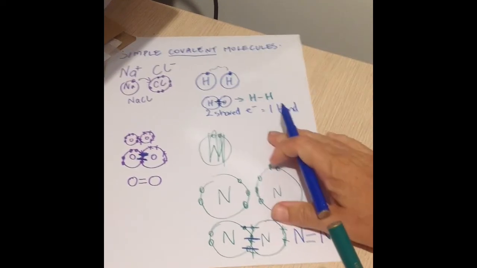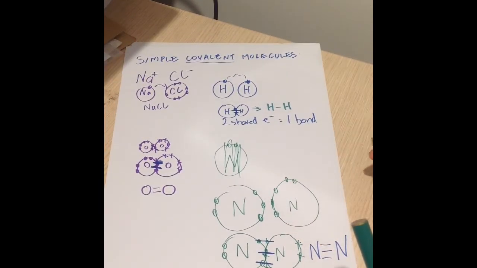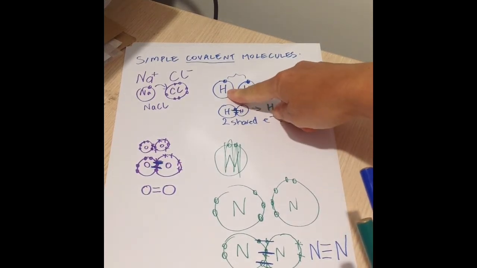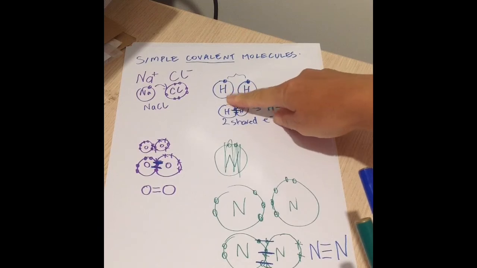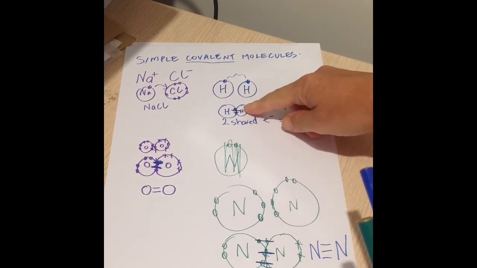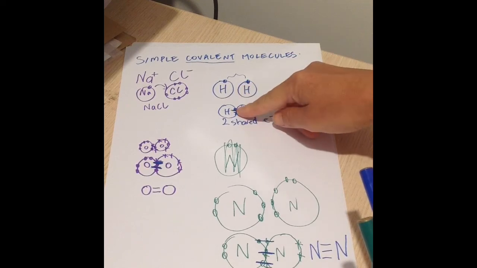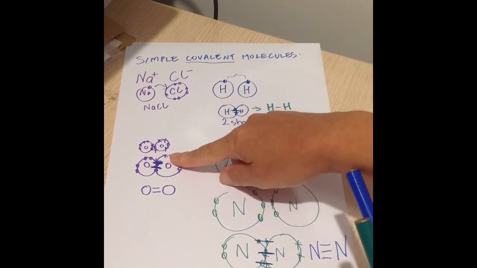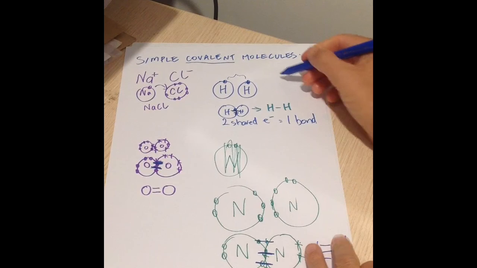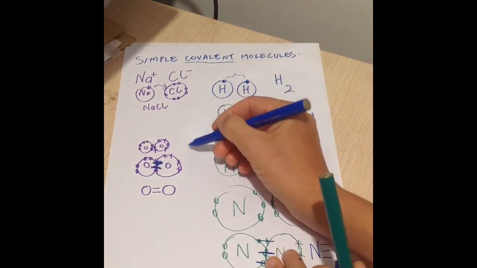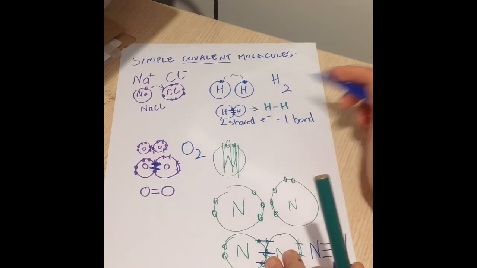So I hope that kind of explains why hydrogen gas is not just one hydrogen atom. It's 2 hydrogen atoms, and the way they do it is 2 hydrogens share electrons. Oxygen gas is O2. Why?